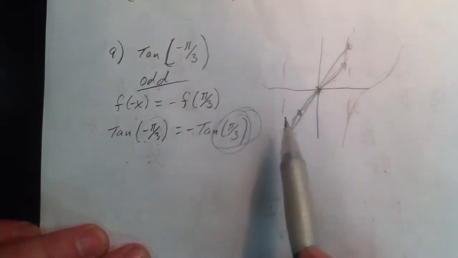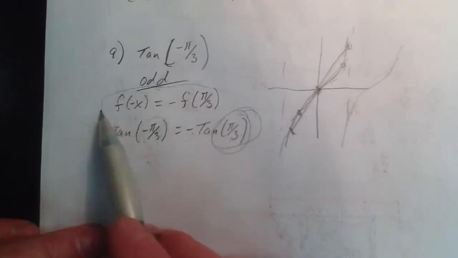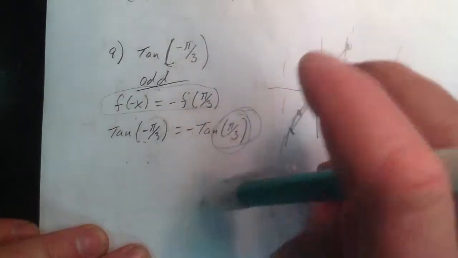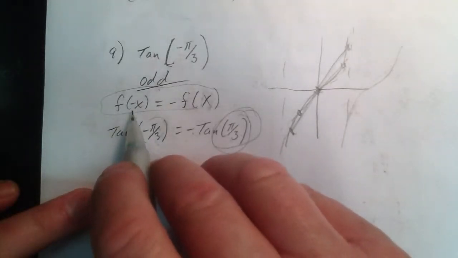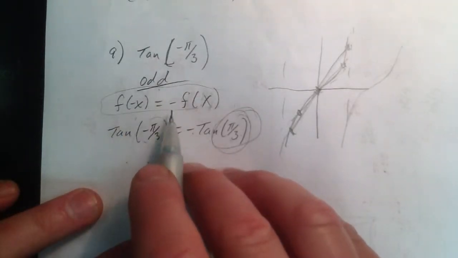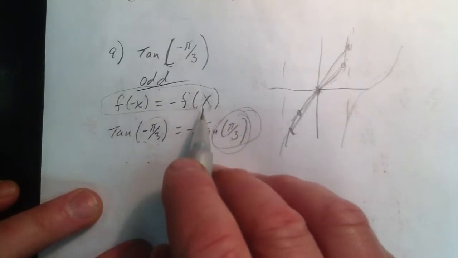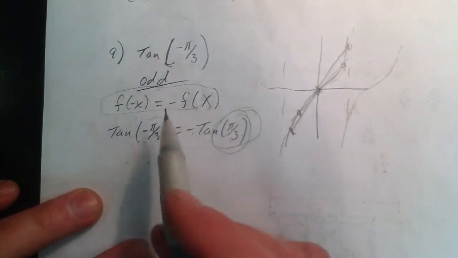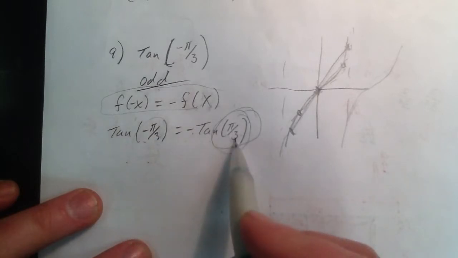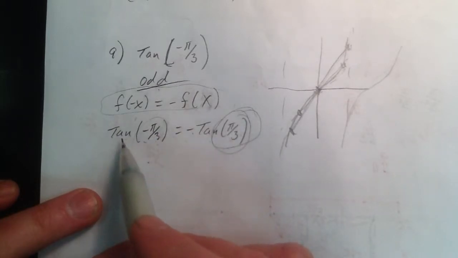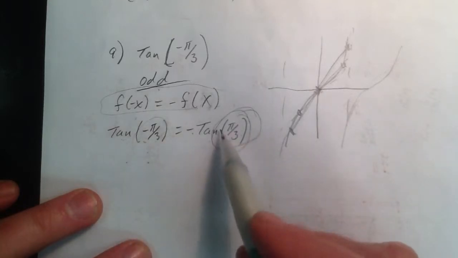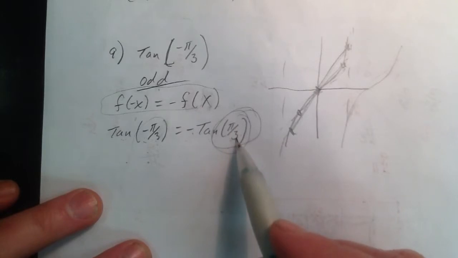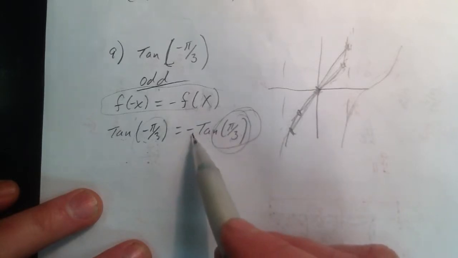All right, big deal. What does that mean? That means algebraically this is true. If I plug any negative value into my function, it's equal to the negative of the function at that value. That's a mouthful. So what does that mean for us? That means this should be true: if I evaluate the tangent at negative pi over 3, it's the same thing as evaluating the tangent at pi over 3 and taking the negative.